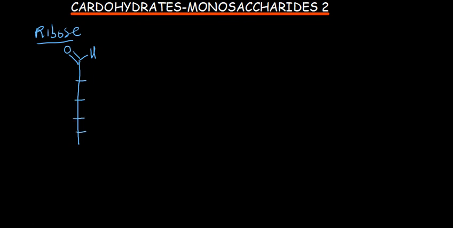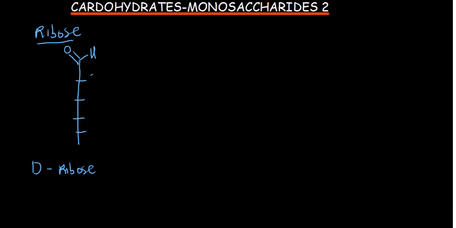If this is supposed to be D ribose, which side do we expect to have the OHs? Is it on the left or on the right? Which side? Right. Good. On the right.